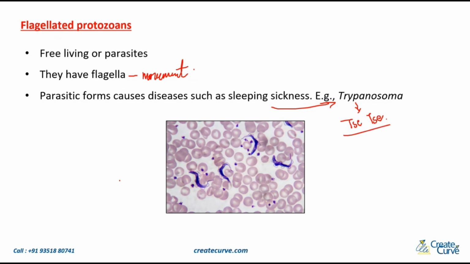Just like how malaria spreads through a vector, the mosquito, over here Trypanosoma spreads through a fly called the tsetse fly, and it will cause a disease called sleeping sickness. Now, what do you see in this particular diagram here? All of these are the red blood cells or the RBCs, inside which you can see the parasite. You can see the Trypanosoma over here, the purple ones that are stained. You can see their long flagella as well over here. So these are flagellated protozoans.